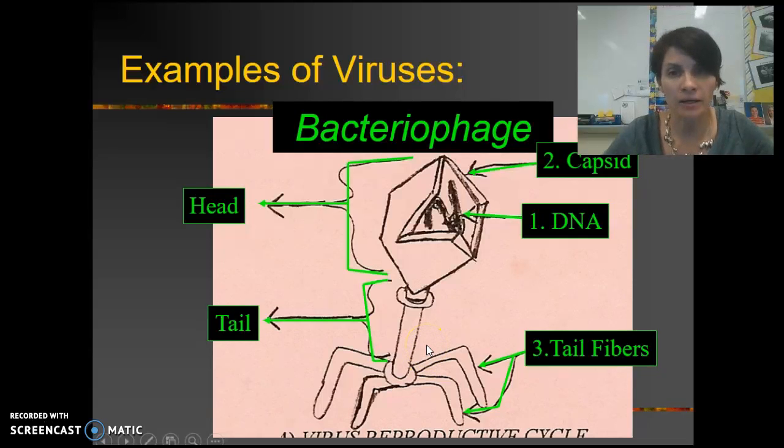If you remember back when we talked about the different proteins on the cells, and I said certain cells like your blood cells have certain flags on them, either A flags or B flags, well those are the proteins on the cell. If the tail fibers match up, like a lock and a key, to your cell's flags, then it will attack that cell. That's how it knows what cell to attack.